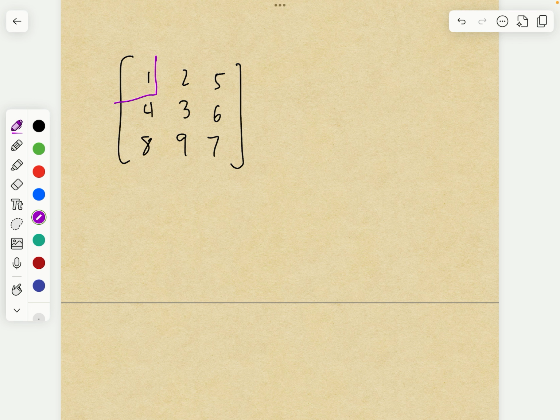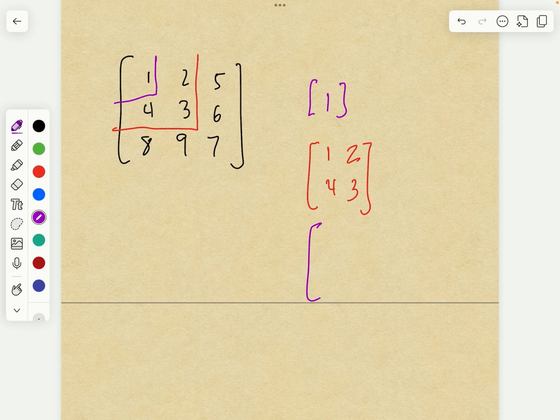So you have this 1 by 1 matrix, and the determinant is 1, which is positive. Then you look at the determinant of this 2 by 2 matrix, and then you look at the whole 3 by 3 matrix and the determinant of that.